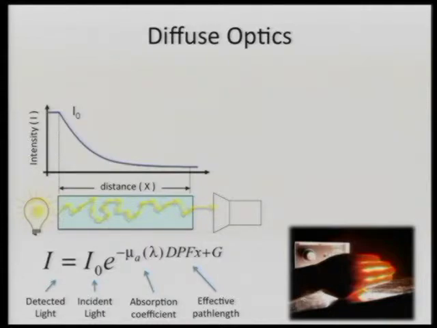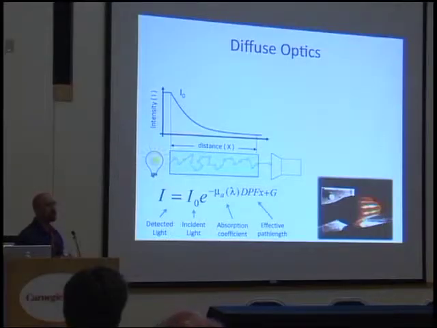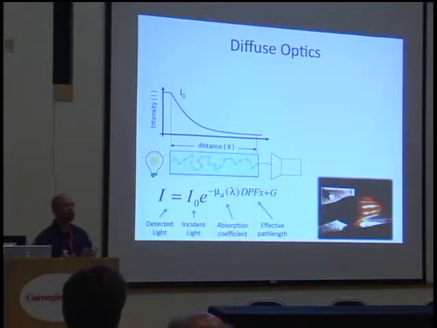And so the idea of optics or spectroscopy, the idea that we're going to try to measure concentrations of chromophores, when we deal with this diffuse regime, has to now deal with this back and forth scattering. The equation down there is what's called the modified Beer-Lambert law. The Beer-Lambert law is something you might remember from maybe freshman chemistry.